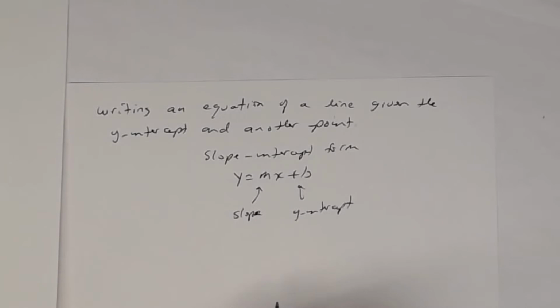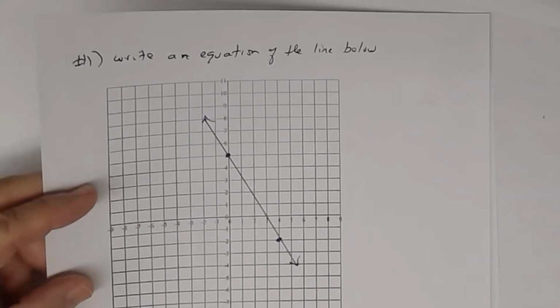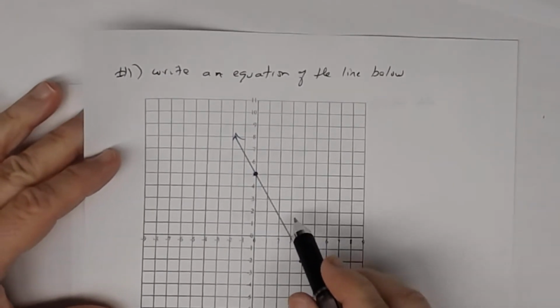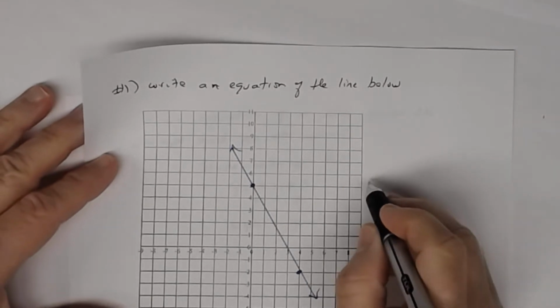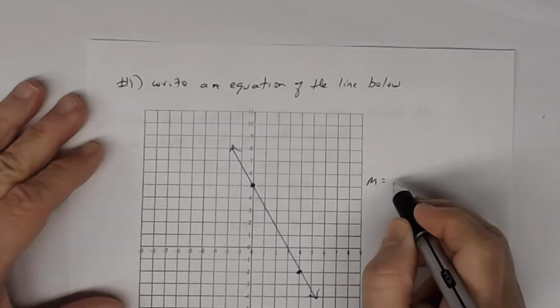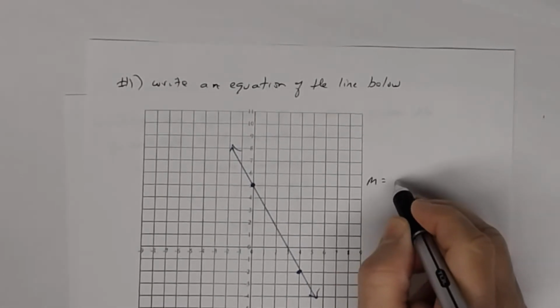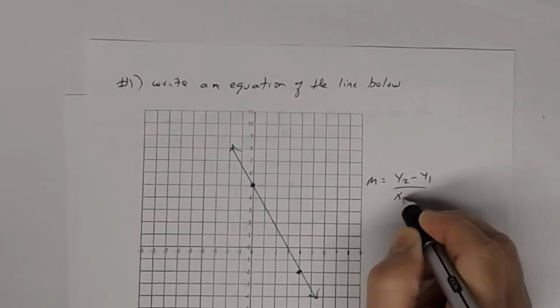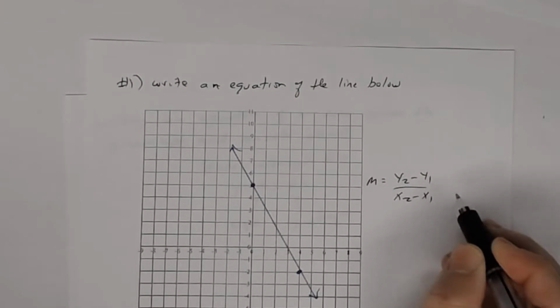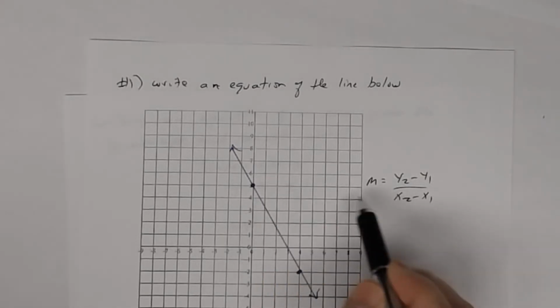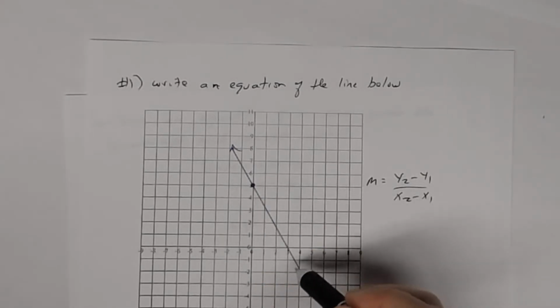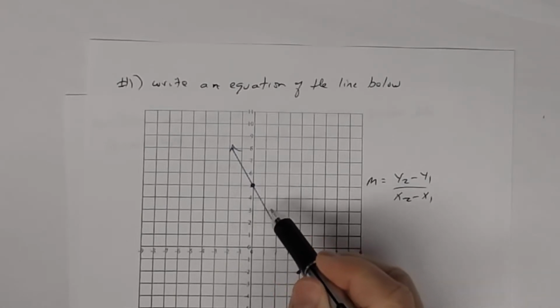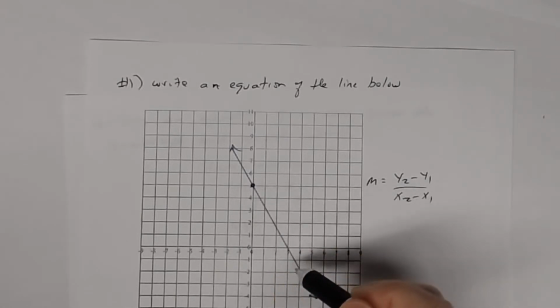There are several ways you can find the slope of this line. One way is to use the slope formula. Remember, the slope formula is y2 minus y1 over x2 minus x1. To use it, you have to look at those 2 points that you know specifically on that line and indicate what their coordinates are.